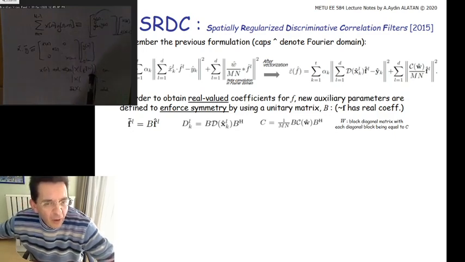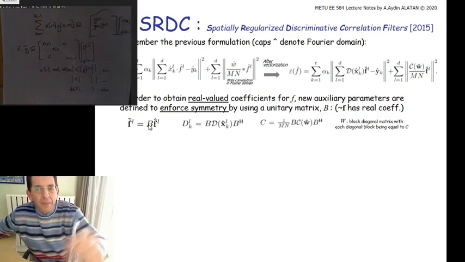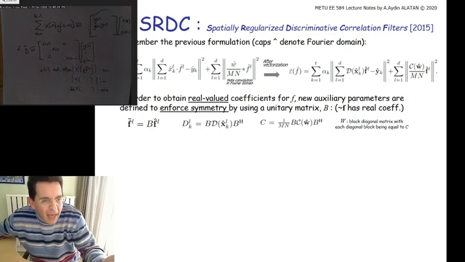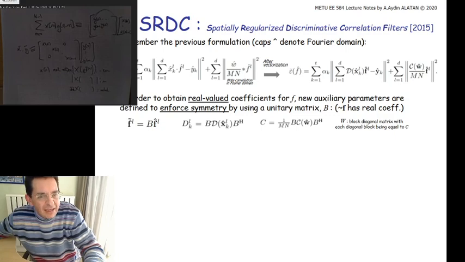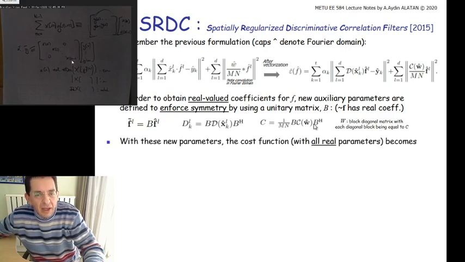Okay, therefore, by the help of a B matrix, which is simply adding the appropriate coefficients to enforce symmetry, this matrix will be multiplied from left and right with B and B Hermitian. And this new cost function will bring you such a term rather than this one.